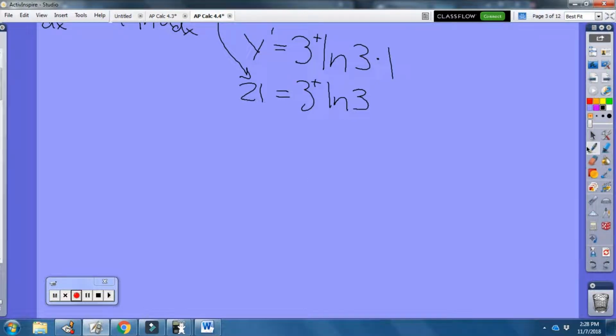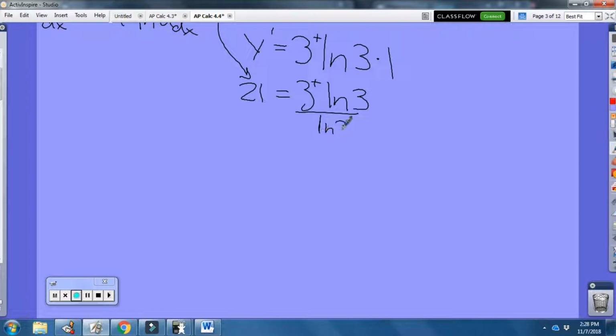So I have to isolate the t, so I'll divide both sides by natural log of 3. And natural log of 3 is just a number. If you were to type it in the calculator, you would get an answer. So we get 21 over natural log of 3 equals 3 to the t. Now the inverse operation of an exponential is a log.